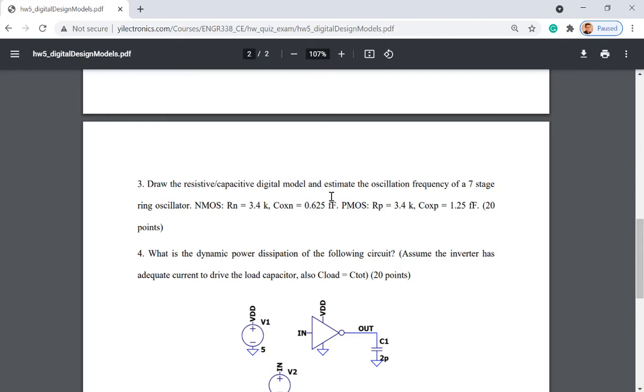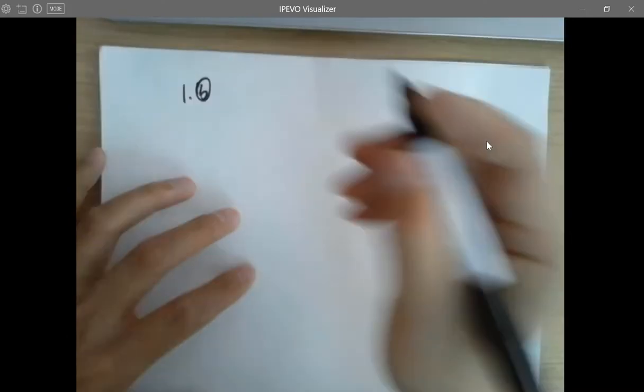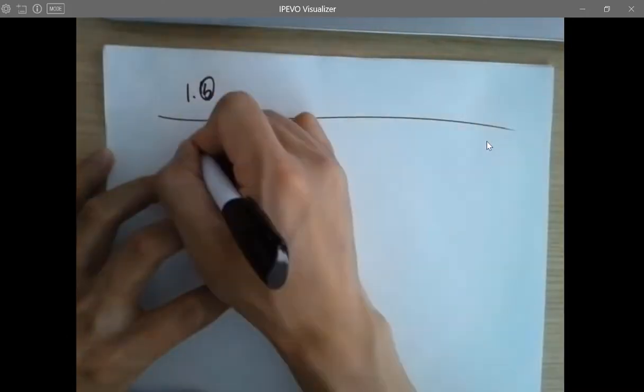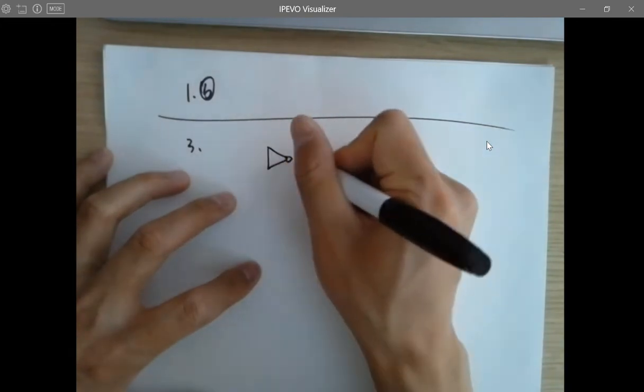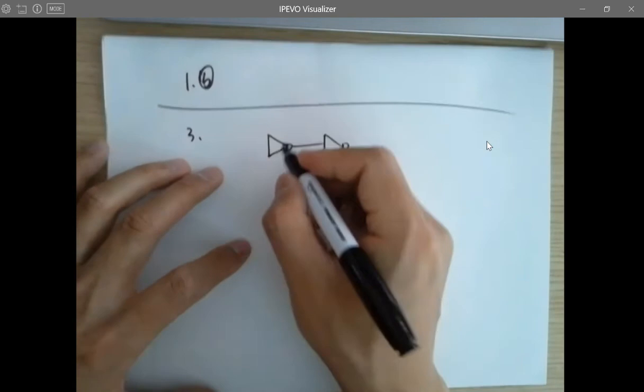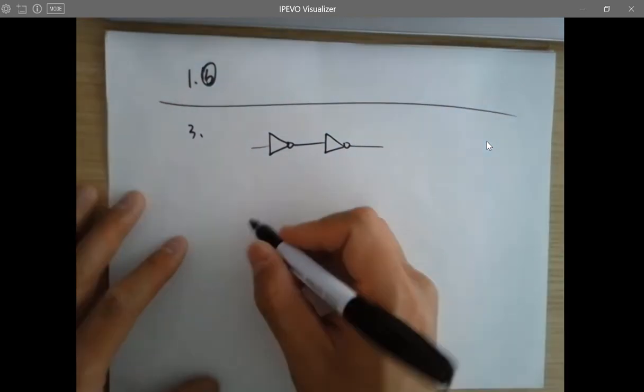You don't have to draw all the 7 stages, just draw the interface between the first one and the following one. So just draw something like the following. Number 3. So the capacitor looks like this. And the first one definitely has the input capacitance.